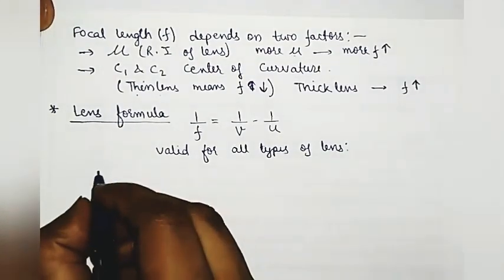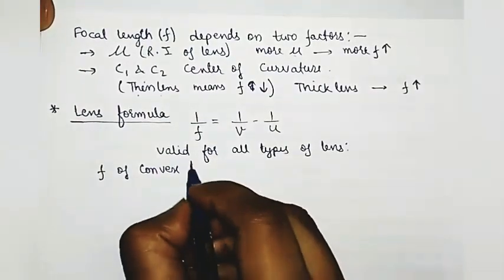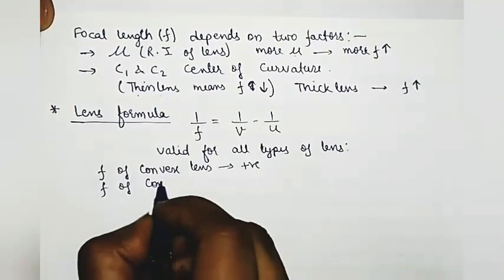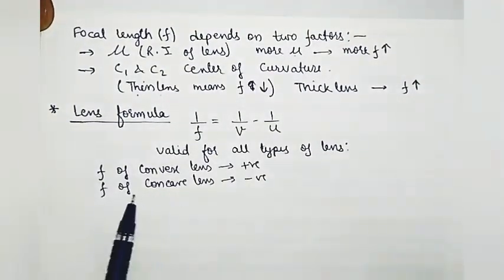One of the things here is the f of a convex lens. The focal length of a convex lens is positive, and the focal length of a concave lens is negative. Why negative? Because the first focus of the concave lens is on the same side as the object.